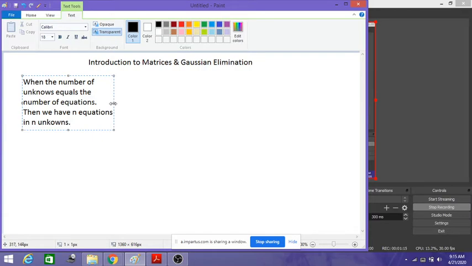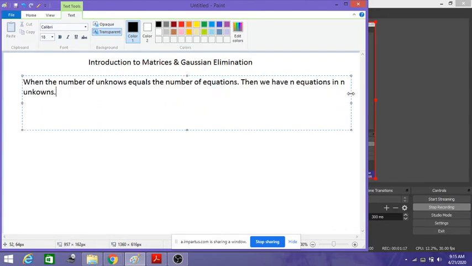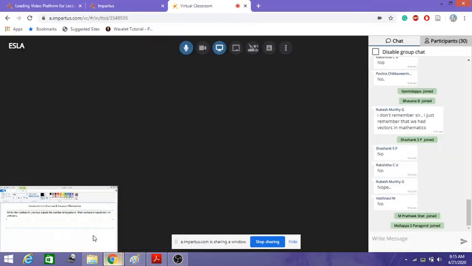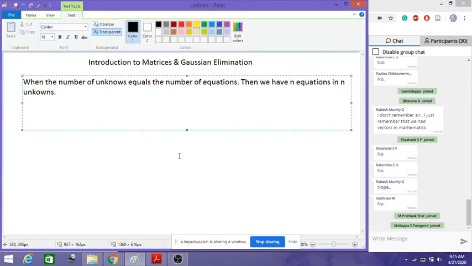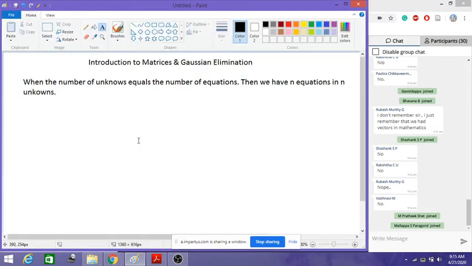So I'll take a small example here, an example of n equal to 2. We'll take the two equations here, that is 1x plus 2y is equal to 3 and 4x plus 5y is equal to 6.